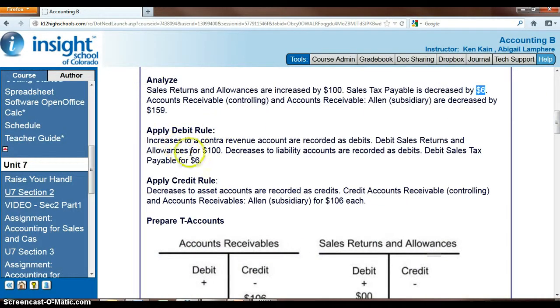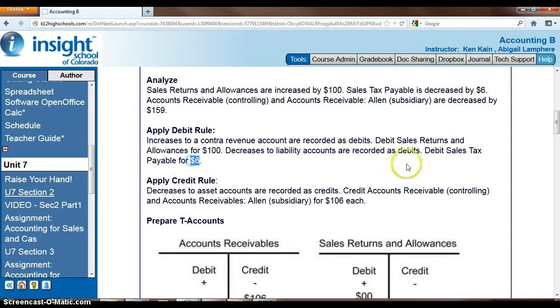Okay, so we apply our debit rule to our contra revenue account, well, just to our contra revenue account right now. So we're going to debit our sales returns and allowances, that's the name of our account, for $100 because we're increasing it by $100. Then we're going to decrease our liability account, which is the sales tax payable.